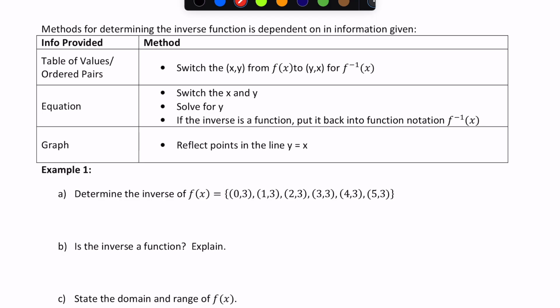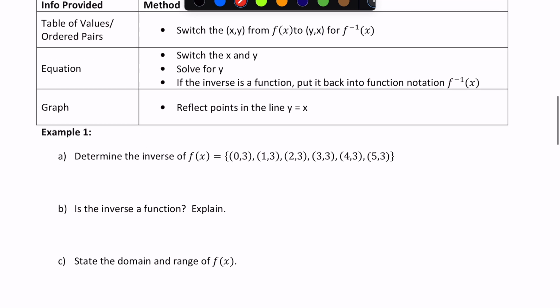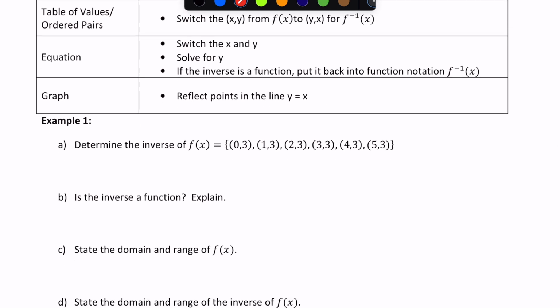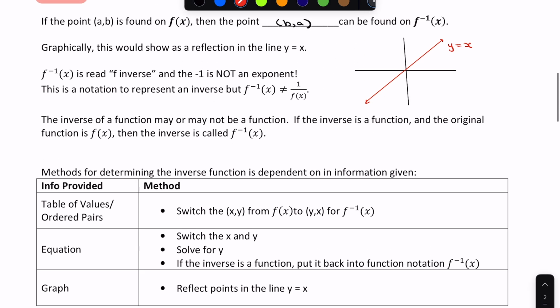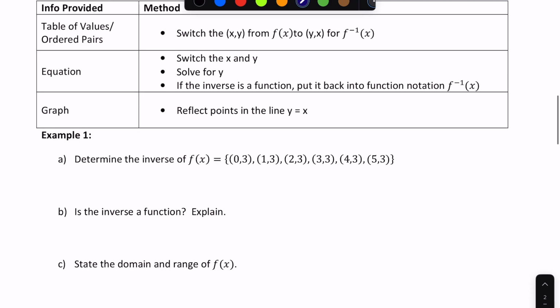Here it says determine the inverse of f of x equals (0, 3), (1, 3), (2, 3), and so on and so forth. So when we look at our inverse, we're going to just replace the a with the b and the b with the a.